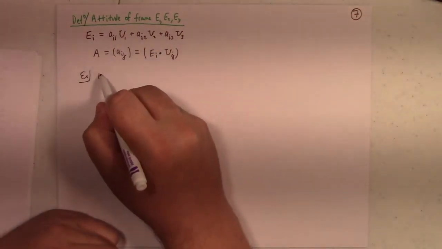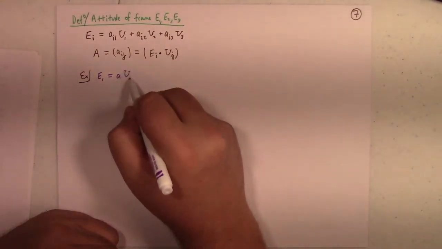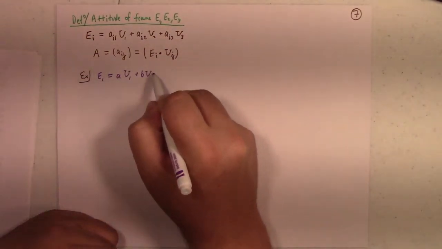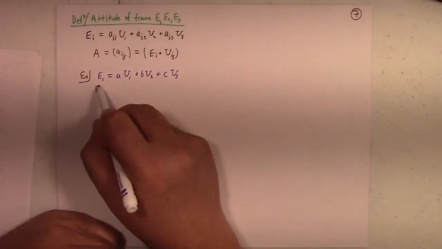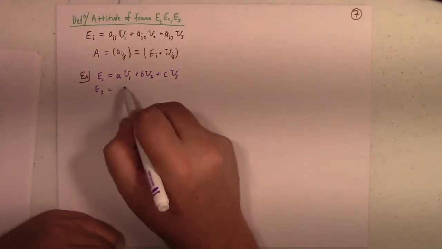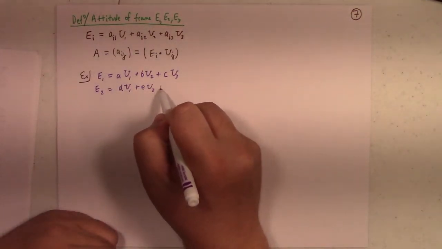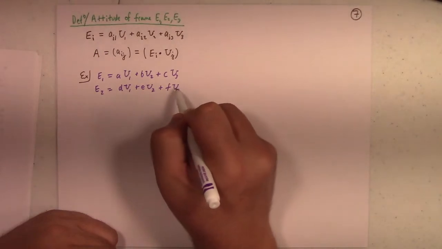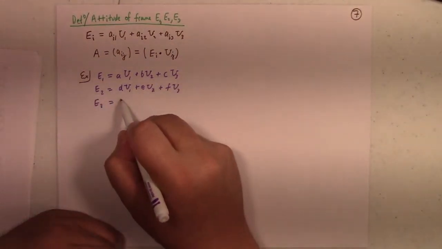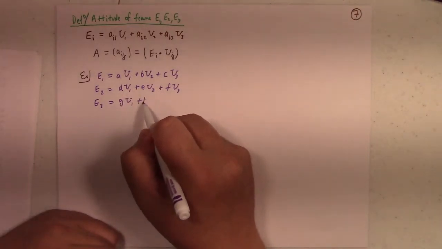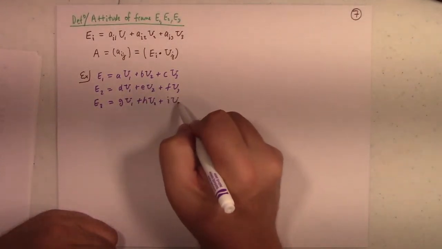If we had E1 was A U1 plus B U2 plus C U3, and E2 was D U1 plus E U2 plus F U3, and E3, my third thing in the frame, was G U1 plus H U2 plus I U3.